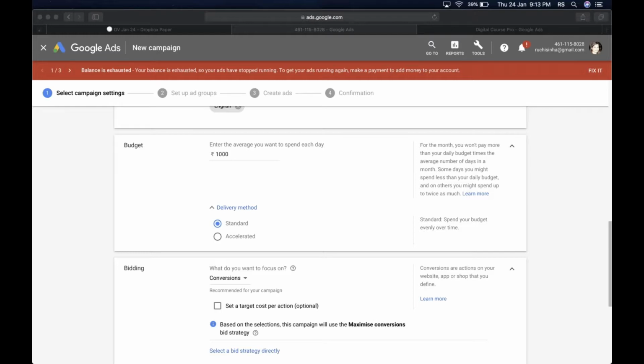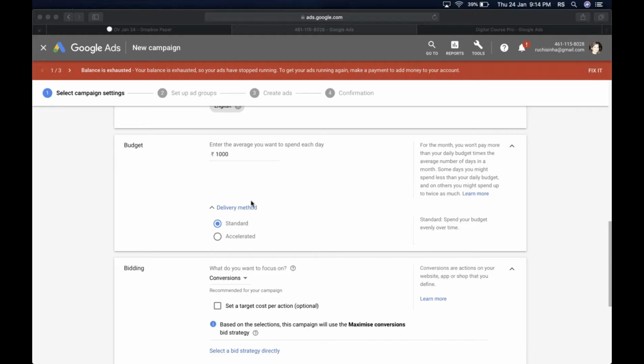Now, how do you want to spend this 1,000 rupees? If I say standard mode of delivery, they will not show my ad at every possible opportunity, because 1,000 rupees may not be enough to show my ads throughout the day, get clicks and spend money.